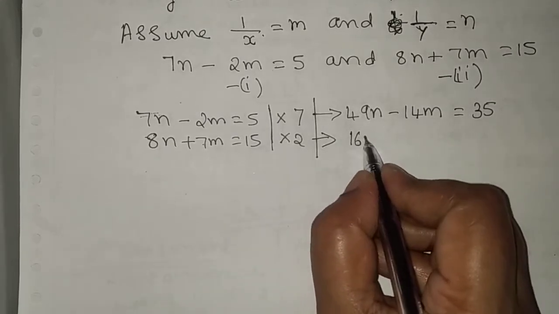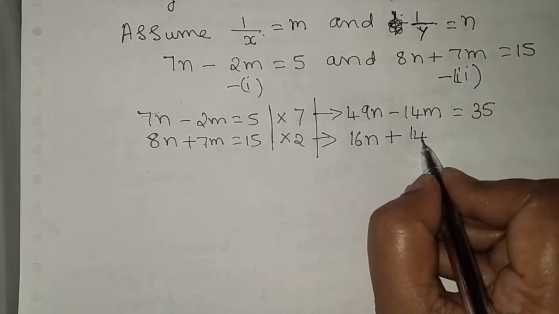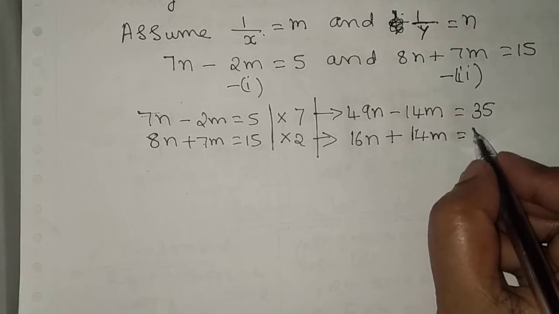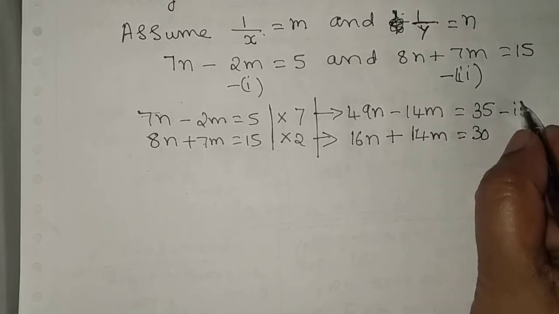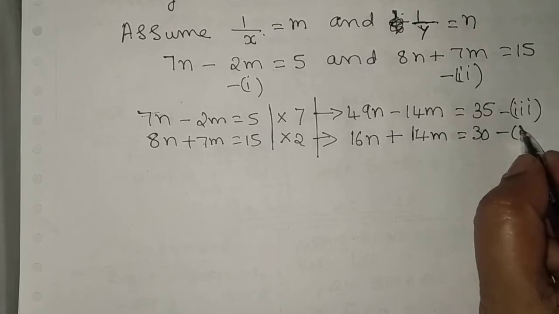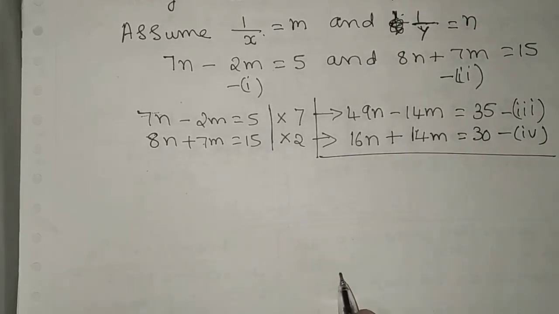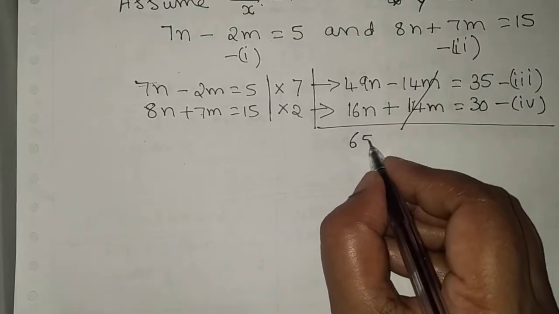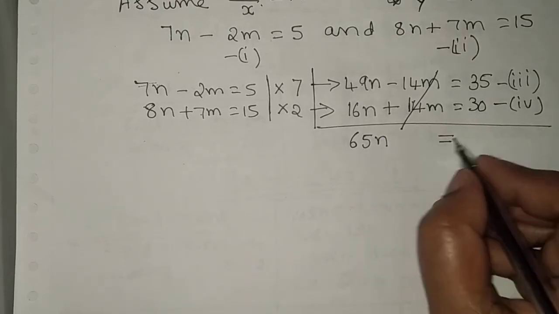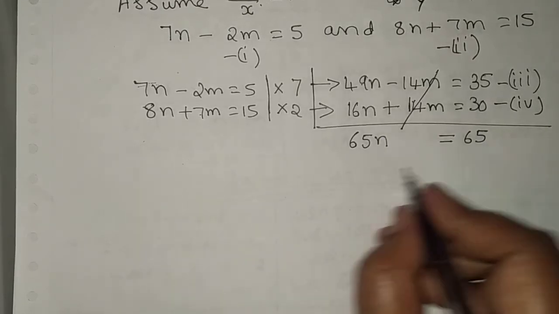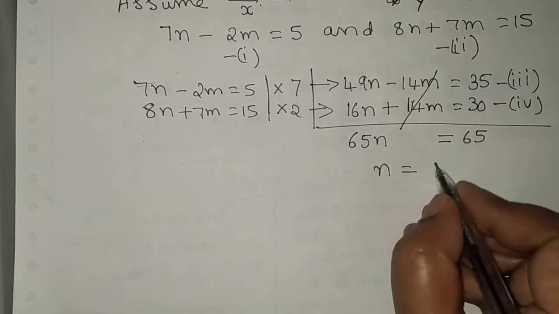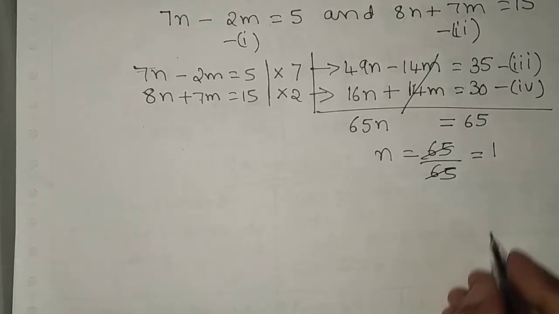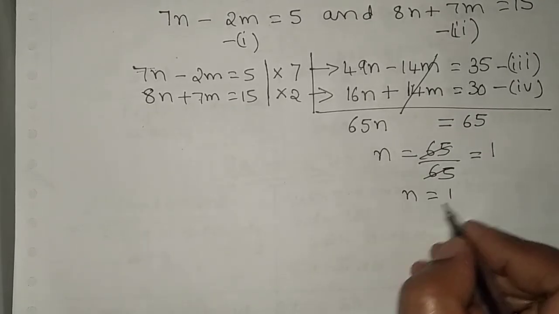That is 16n plus 14m is equal to 30. Then give this equation as 3 and this equation as 4. Now after this, simplify, this gets canceled, add this, we'll get 65n is equal to 65. Therefore n is equal to 65 by 65, so we are getting this one as 1. So n we got as 1.